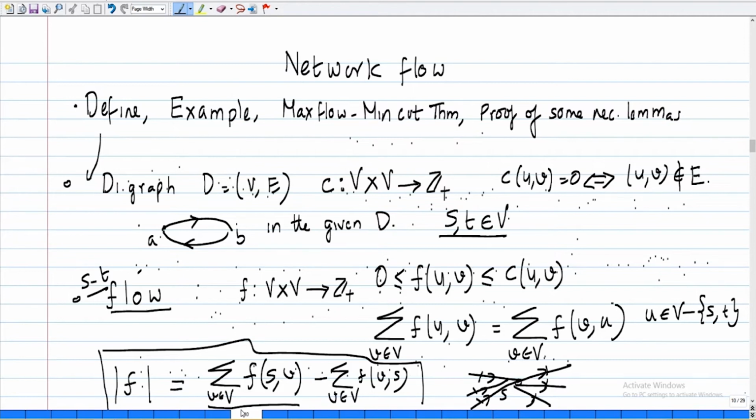The conservation condition says that except at S and T, the value of the flow must be conserved, which means any flow that comes into a vertex u should also leave that vertex u. But at S and T, there is no such condition. So the natural thought process is, if you think of this function flow f as a liquid or like current flowing through a network, where will it go if it starts from S?